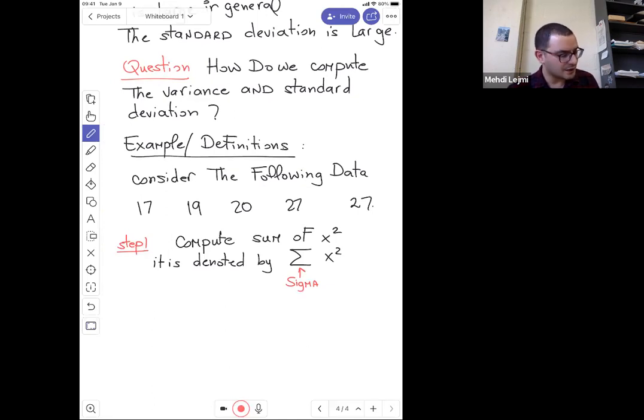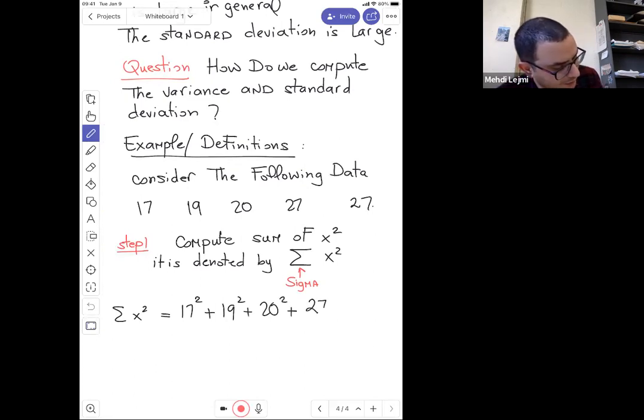So I want to compute the sum of X squared. I'm going to take the square of 17, plus the square of 19, plus the square of 20, plus the square of 27, plus the square of 27.